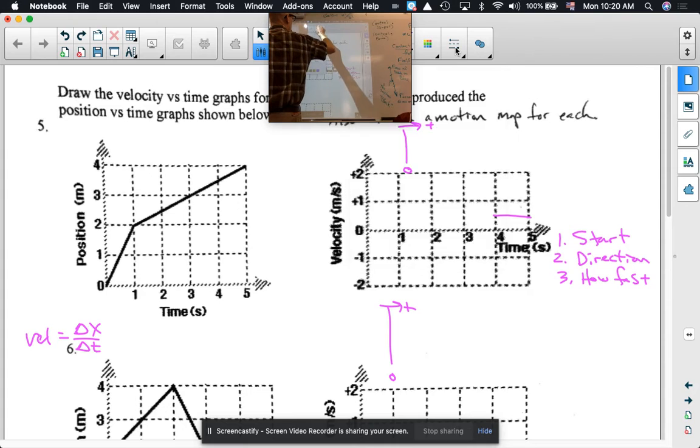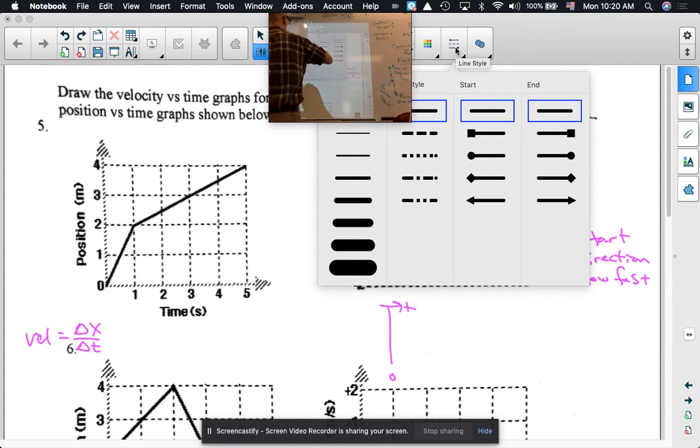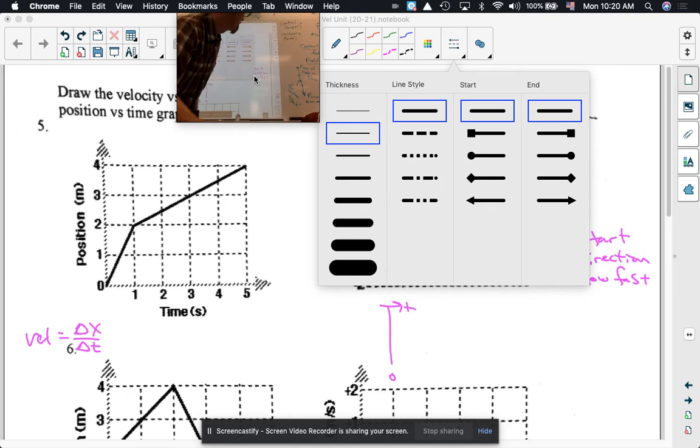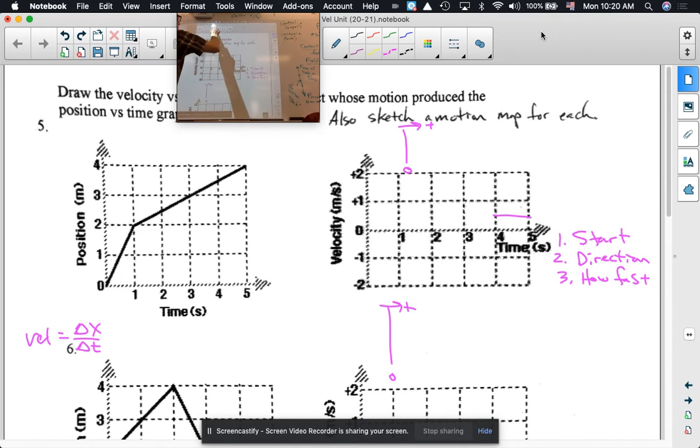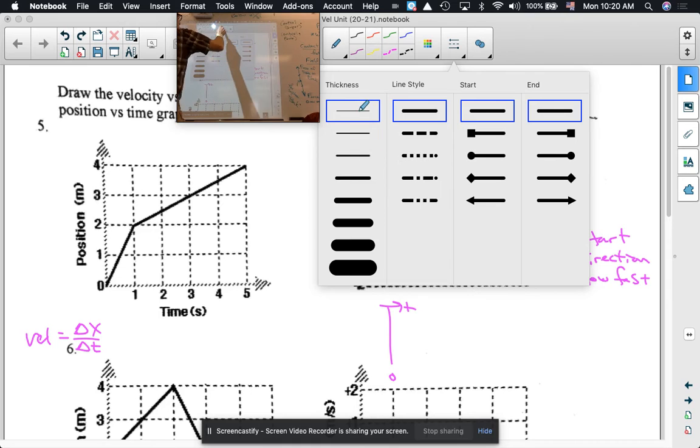Oh no, I need the skinny line. I'm in the way. Skinny line, there we go.